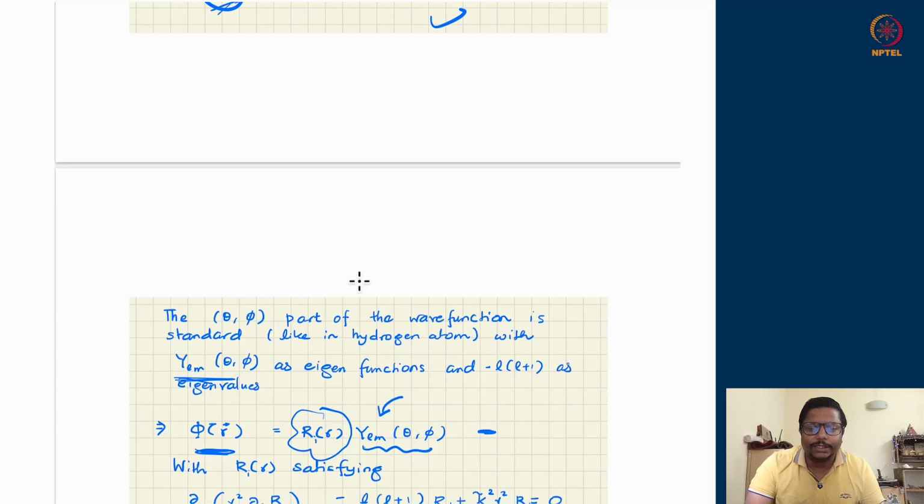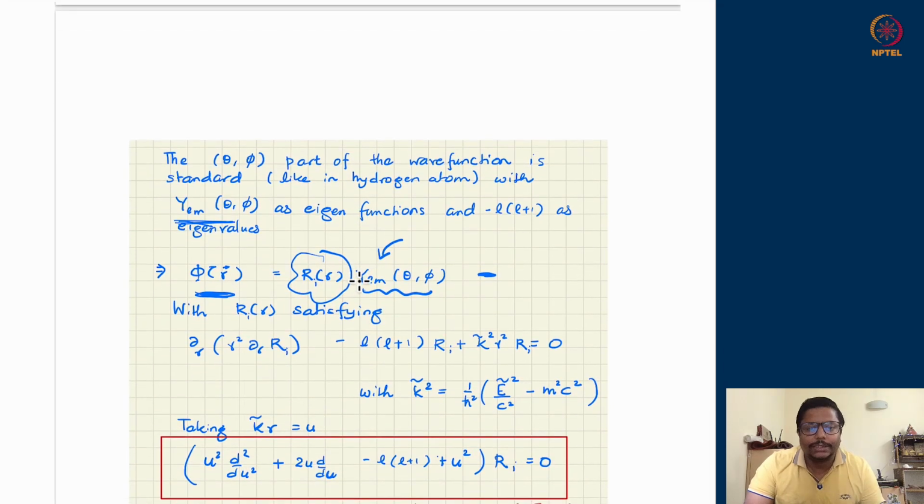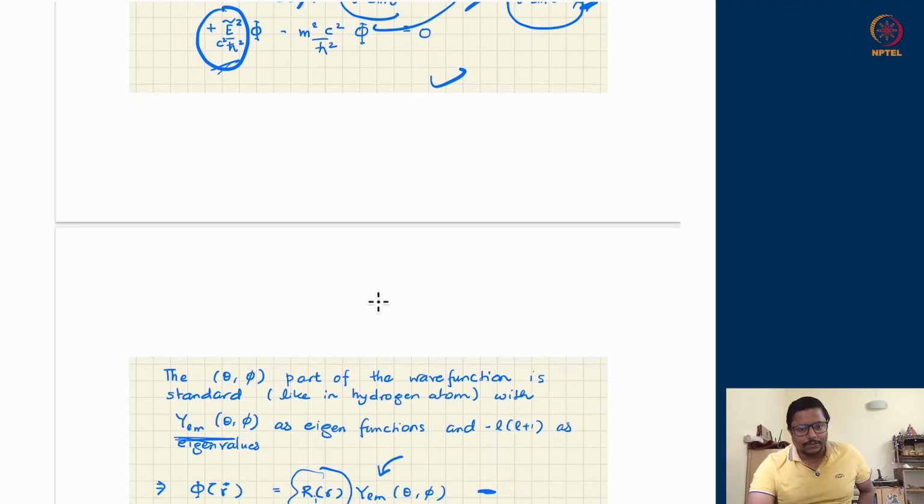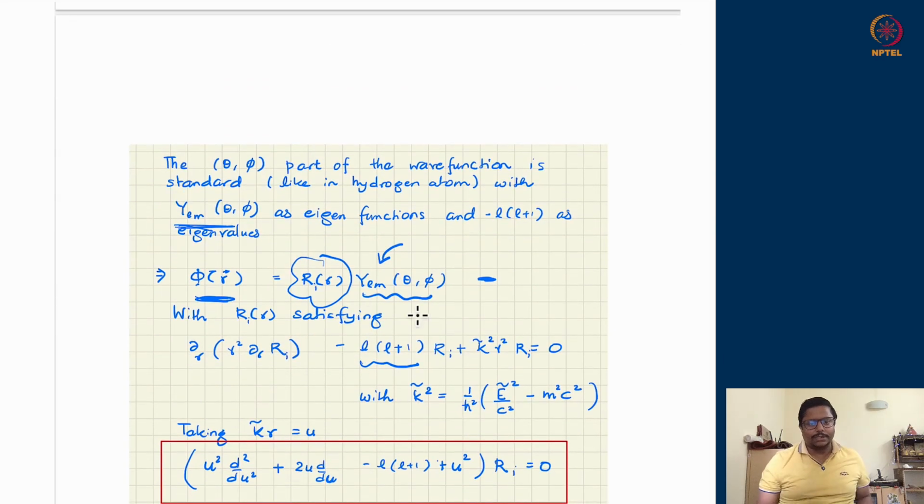Ylm theta phi, being hit by the angular derivative part, comes back with the eigenvalue l into l plus 1. All this you might have seen in 3D systems, spherically symmetric potentials, harmonic oscillators, or the hydrogen atom. Their l into l plus 1 came about as the eigenvalue of the operator of the angular derivatives. So all these angular derivatives are replaced as minus l into l plus 1 times the Ylm theta phi.